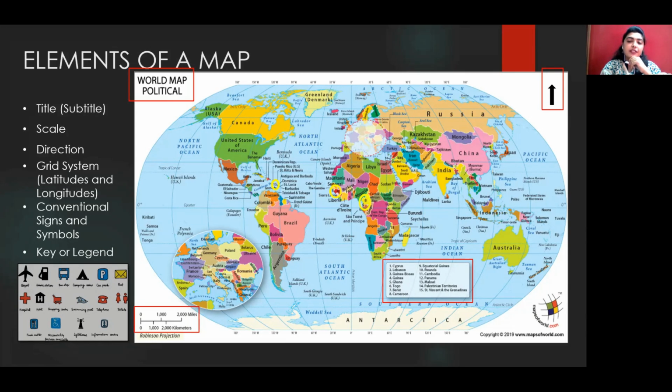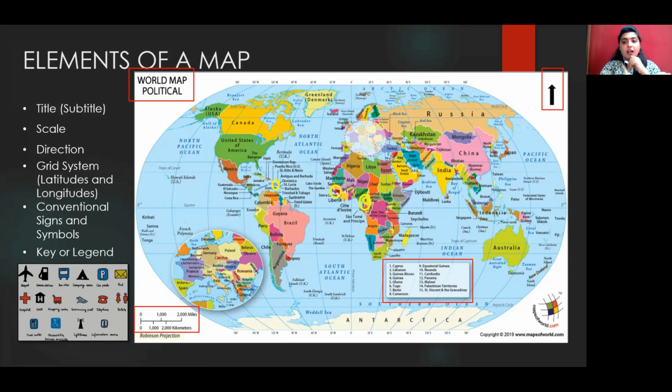Moreover, there are certain conventional signs and symbols that are not predetermined. So what happens is, the person who is referring to the map doesn't know. So that symbol will be drawn below in a legend, and what it represents is also written. So it becomes easier for the reader to understand what the conventional signs and symbols are.